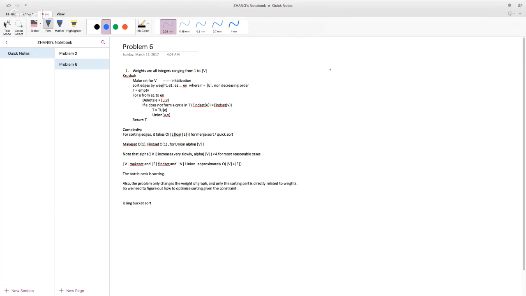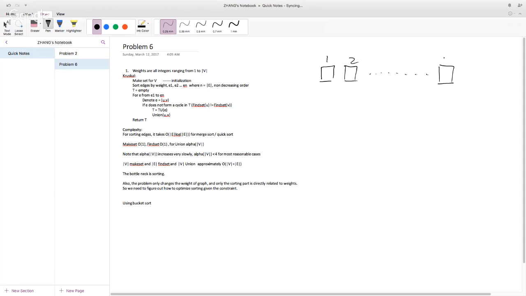Let me briefly introduce bucket sort. Suppose altogether there are buckets 1, 2, up to V, so V buckets.